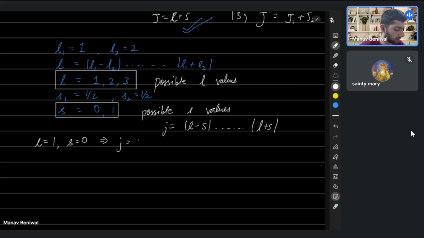So J can have only one value, J equals 1. And when L is 1 and S is also 1, then J can have three values: 0, 1, 2.